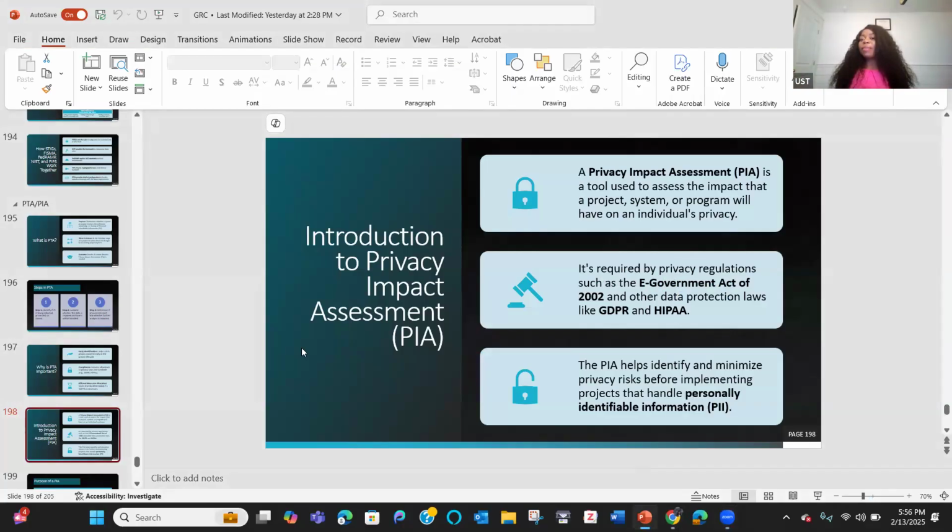It is required by privacy regulations such as the E-Government Act of 2002 and other data protection laws like GDPR, HIPAA, as well as CCPA. The PIA helps identify and minimize privacy risks before implementing projects that handle personally identifiable information.